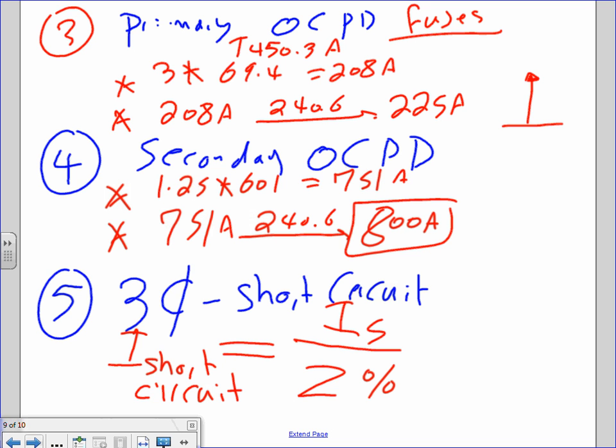Then the short circuit guys are a piece of cake. On the secondary side, you take the 601, always the secondary, divided by 0.05, and that will get you a healthy 12,000 amp. Don't forget the 12K.